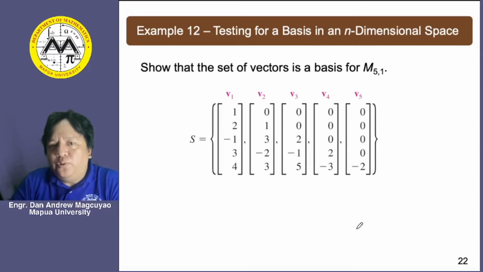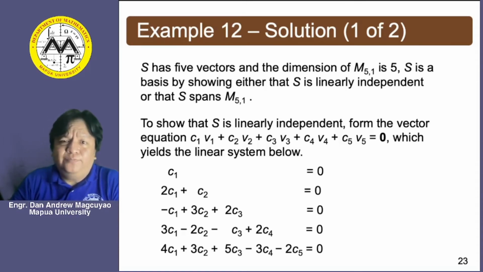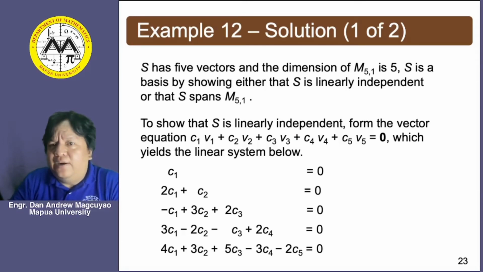What we're going to do is write this down as a linear combination and check whether it is a spanning set or if they are linearly independent. Since there are 5 vectors for this 5 by 1 matrix vector space, we can check either whether it is a spanning set or linearly independent.